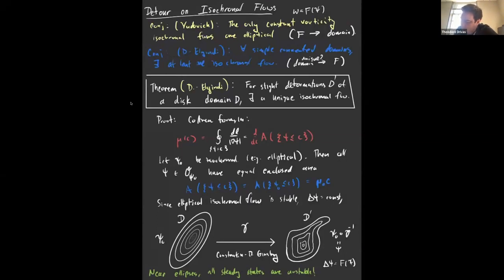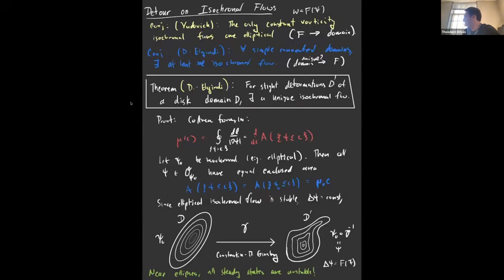Suppose you take a slight deformation of a disk domain, then there's a unique isochronal flow on that new domain. The proof is just the observation that if you have an isochronal flow with a certain stream function psi, and you rearrange that stream function by an area preserving transformation, the result will always be isochronal.